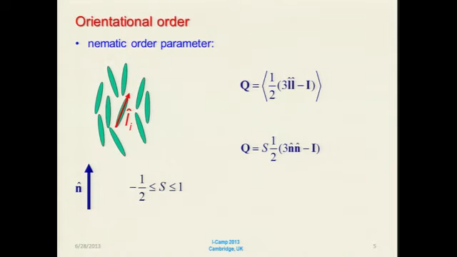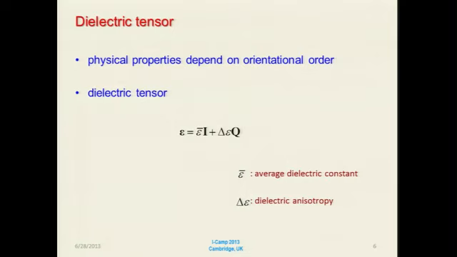Scalar order parameter takes values between 1 and minus a half. A disordered system has an order parameter equal to 0. Minus a half means that all the molecules are perpendicular to the symmetry axis, lying in the plane.